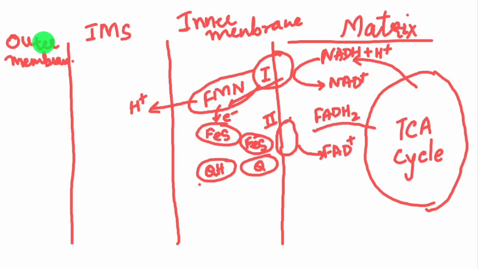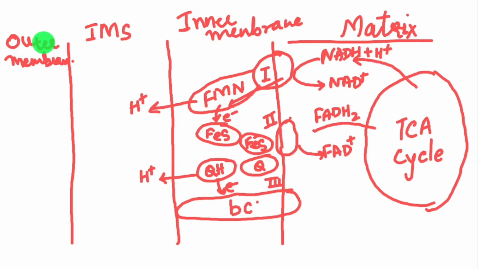So now this is complex 2, and from here it is going to donate proton and send it to the intermembrane space. The electron is accepted by the third complex, complex 3, and this complex is BC1.